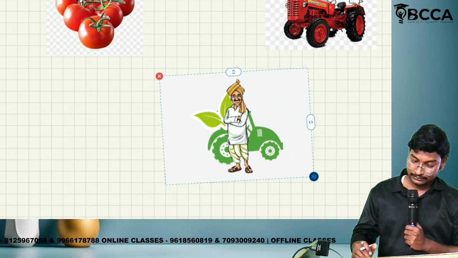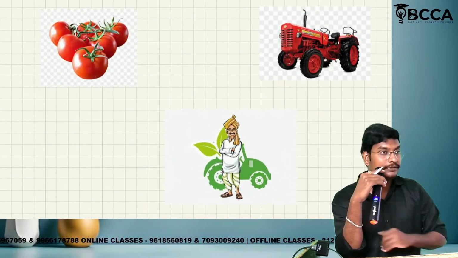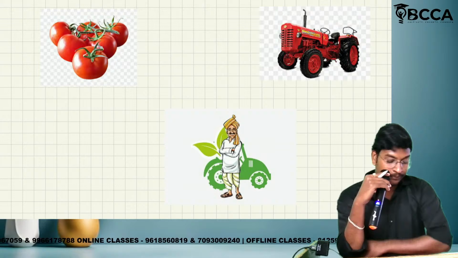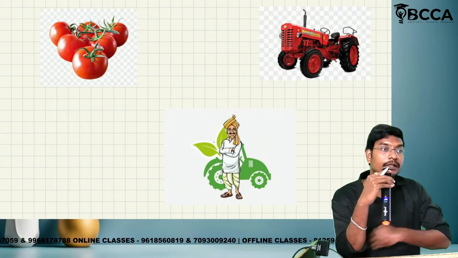We have appointed one labor. These are the things needed to cultivate the tomatoes: first land, next tractor, and next farm labor. Finally we get the end product, tomatoes.